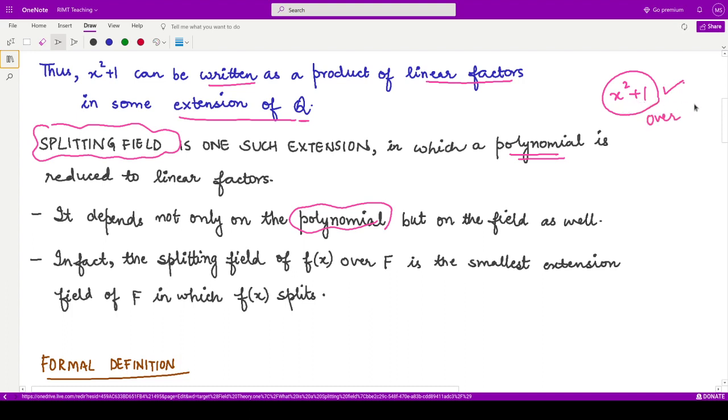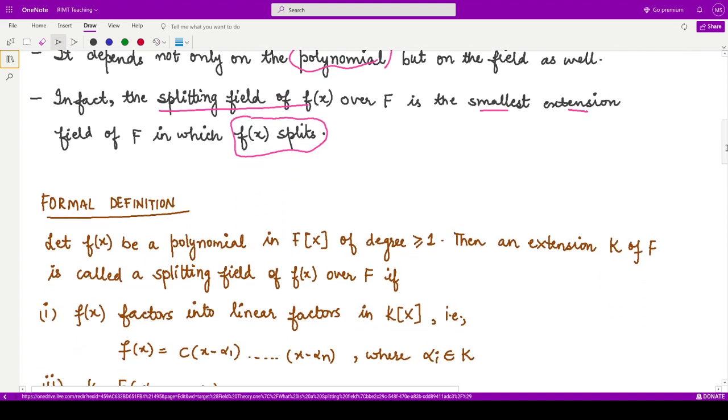So for example, this polynomial was defined on the field of rational numbers. So all the coefficients 1 and 1 were taken from this field of rationals. So in fact, splitting field is the smallest extension field of F in which the given polynomial splits. So this is the definition for the splitting field.